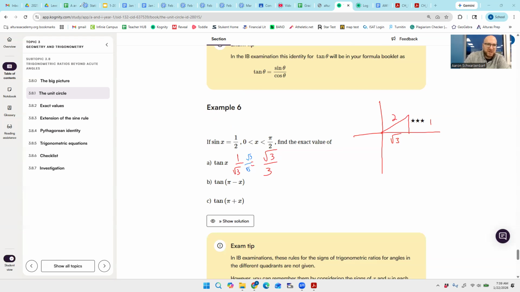Okay, tangent of pi minus x. It's going to be over here. Again, negative 1 over square root of 3.